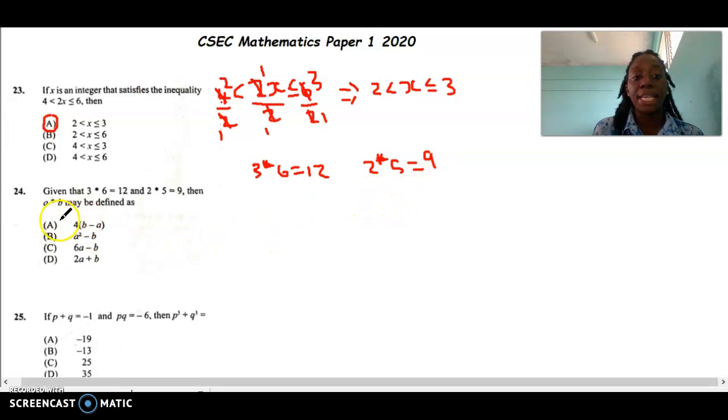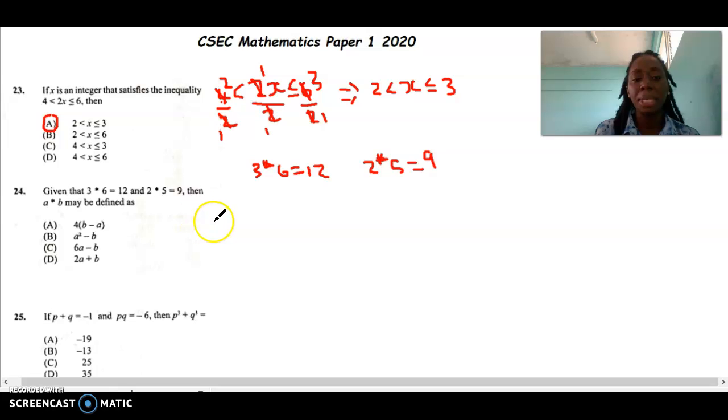Now we need to find a definition for A star B. What it simply means is that if A is equal to 3 and B is equal to 6, when I substitute these values into any one of these 4 options, I should get 12. But not only should I get 12, this condition should satisfy the second equation as well, 2 star 5 equals 9.